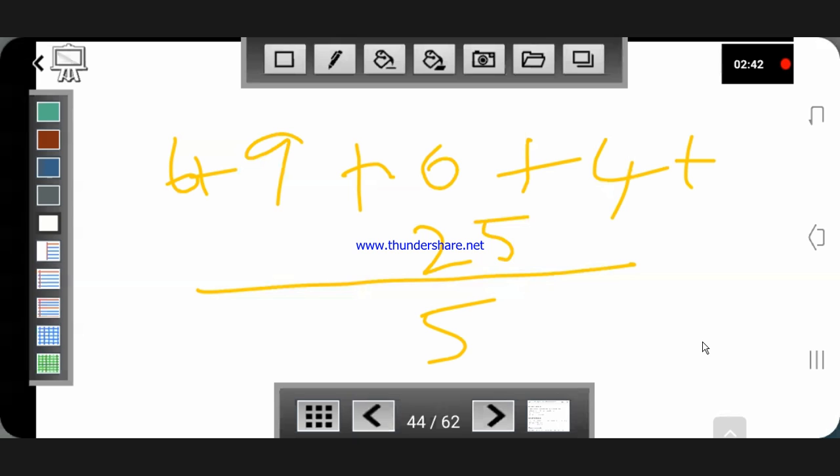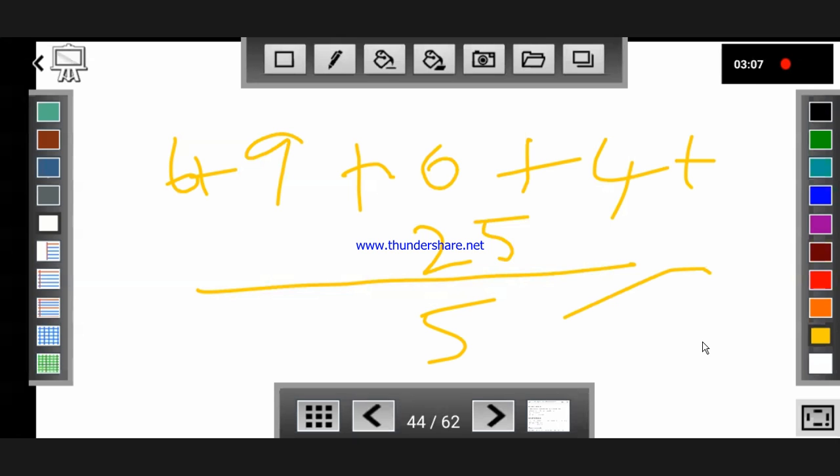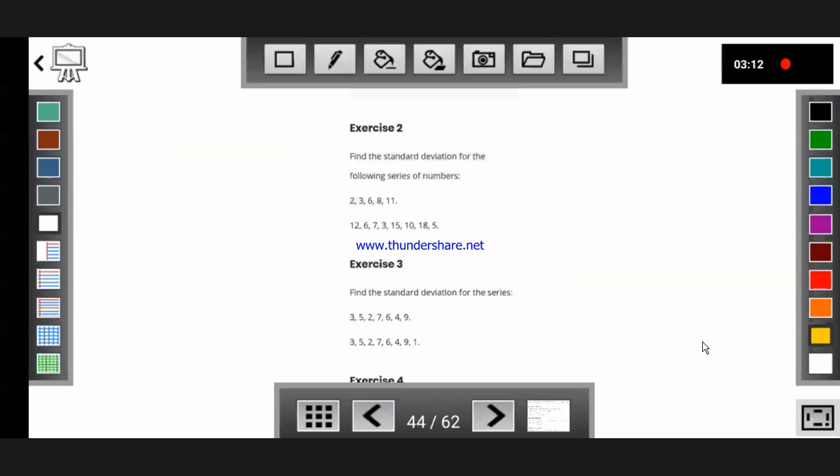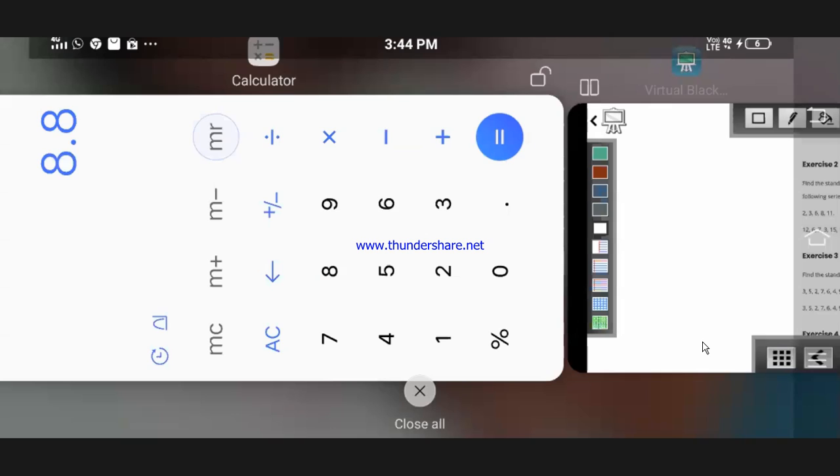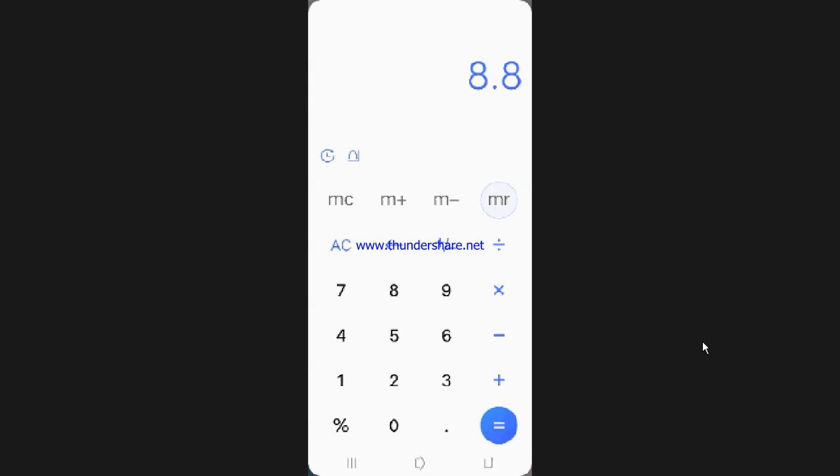Ma'am, the value is 16, not 6. 16, 9, 0, 4, 25 will give the answer 54.